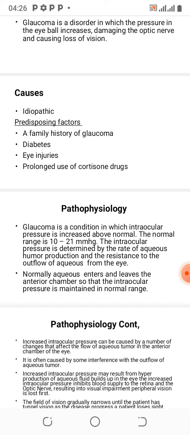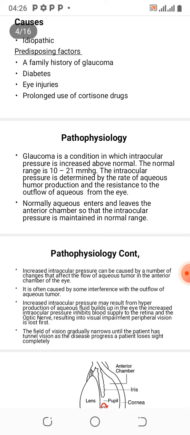Now let's understand the condition glaucoma following this simple pathophysiology, just a simplified one. Glaucoma is a condition in which intraocular pressure is increased above normal. The normal range is 10 to 21 millimeters of mercury.